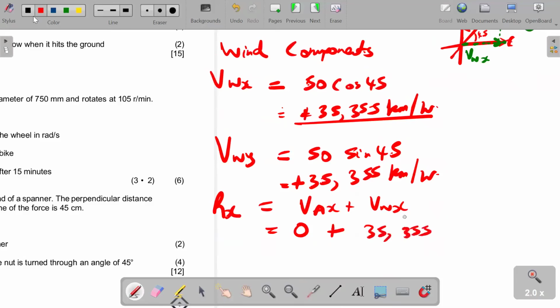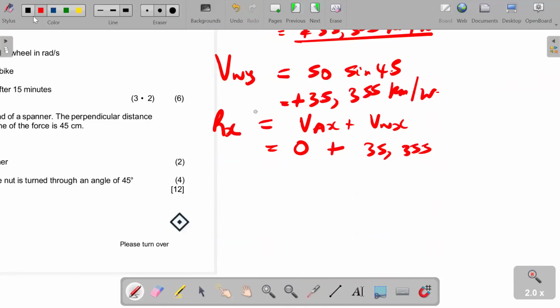If we add that, we end up having 35.355 kilometers per hour, simply because it's coming out as positive. It's already telling us the direction. The direction is east, because we chose east as positive. Hence, it's coming out as positive.